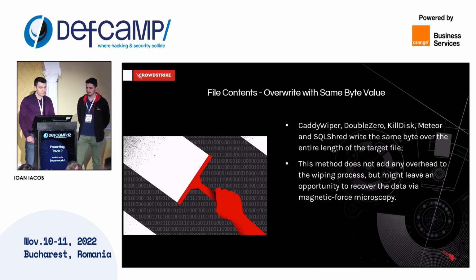We've seen also some differences in the contents that are overwritten over files. Most of the samples, like Caddy Wiper, 00 kill disk, etc., will overwrite the files with zeros, because this might leave some opportunity for recovery methods like magnetic force microscopy, which is something that we're not going to dive into right now.